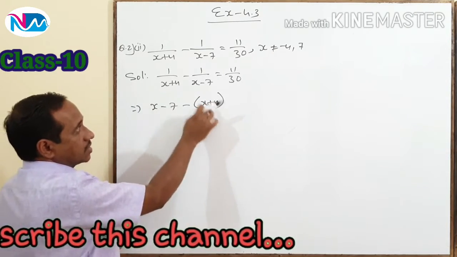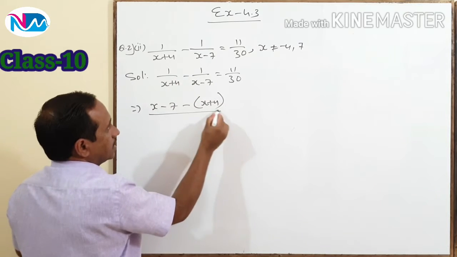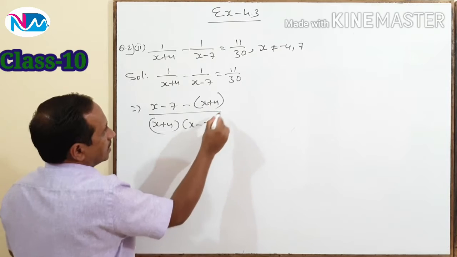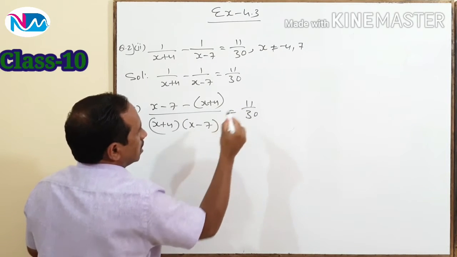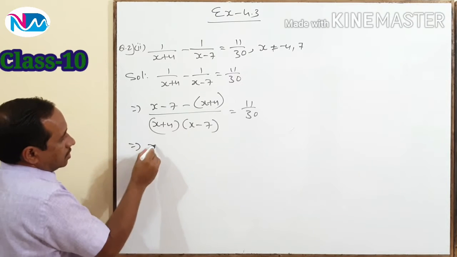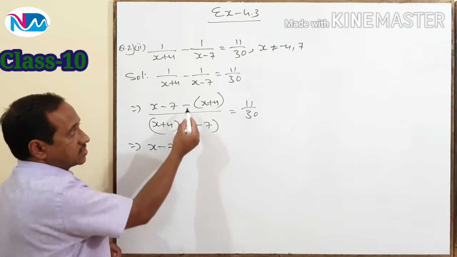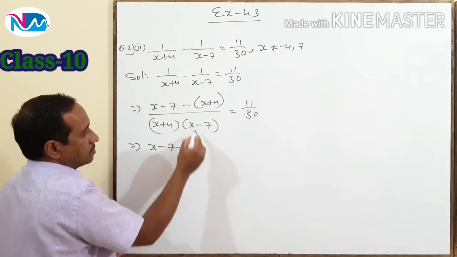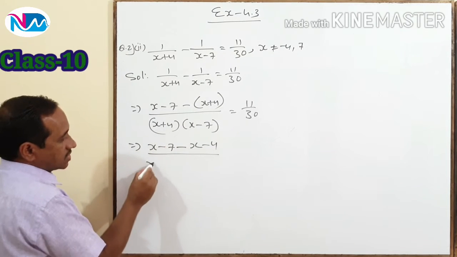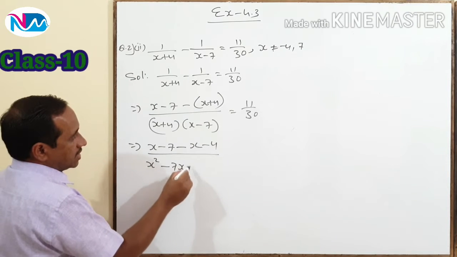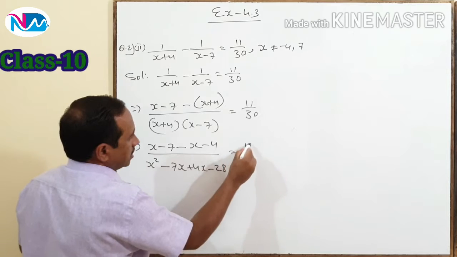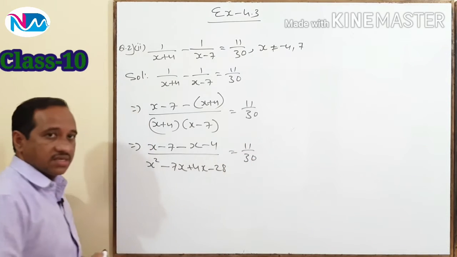We have to put it in a bracket because there is a minus sign, divided by x plus 4 into x minus 7, is equal to 11 by 30. Here x minus 7 does not change. Opening the bracket, we get x minus 7 minus x minus 4, whole divided by x into x, x square, minus 7x plus 4x minus 28 is equal to 11 by 30.